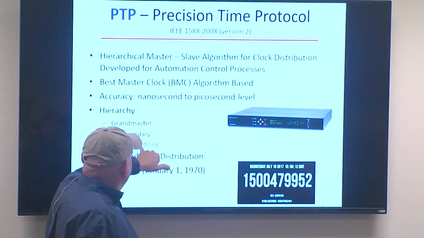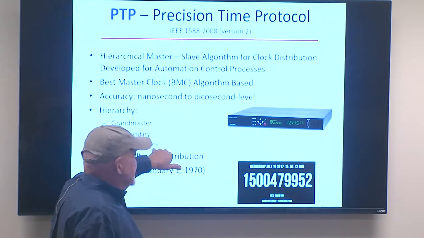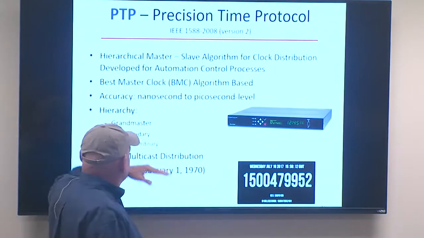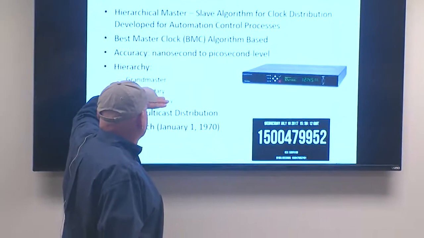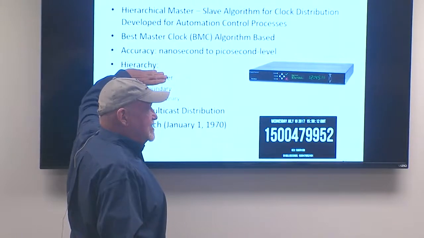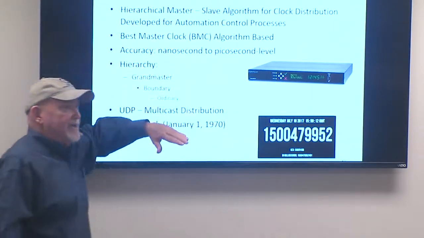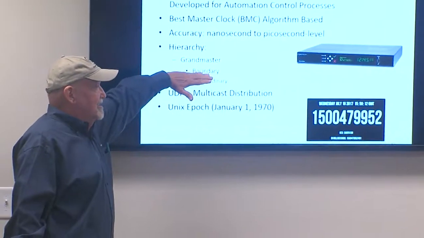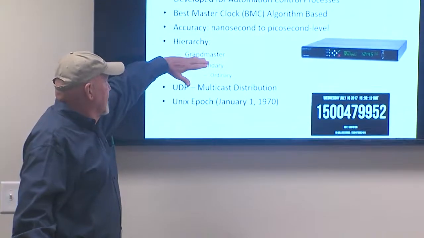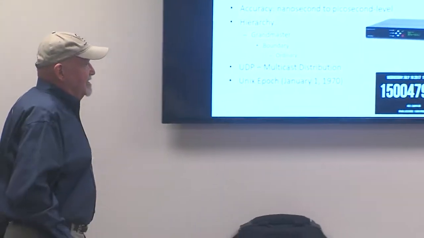An ordinary device is really the end host device. But you can have what are referred to as boundary clocks that are then referenced to a grandmaster, and in a large broadcast facility, you very well could have several boundary clocks throughout a facility that are all referenced to the facility grandmaster.